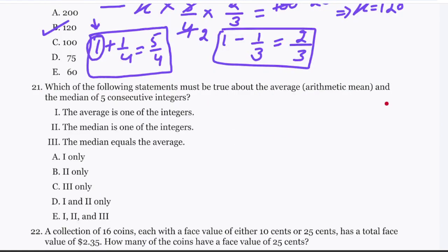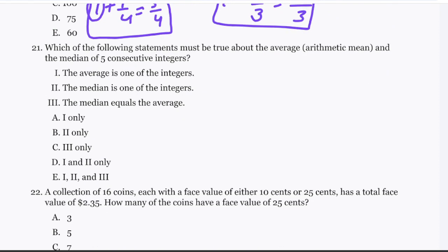21st भी consecutive integers के ऊपर है. ना कोई बात नहीं, हुआ था, किया था, करना है. Okay. Which of the following statements must be true about the average and the median of 5 consecutive integers? What is true they are saying?